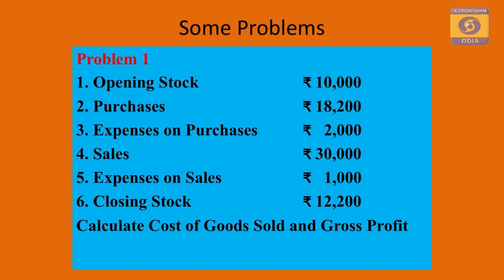We have expenses on purchases 2,000, sales 30,000, expenses on sales 1,000, closing stock 12,200. You are asked to calculate the cost of goods sold and gross profit.